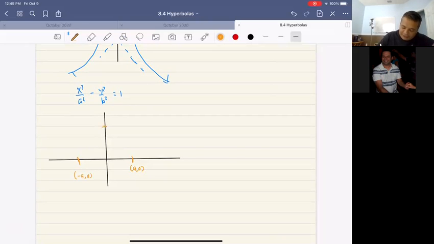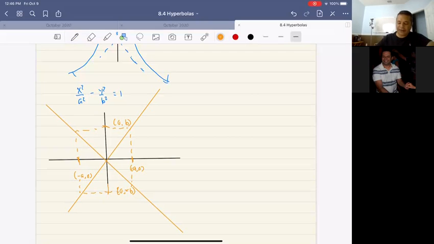And up here, it's going to be 0 comma b, 0 comma negative b. And we're just going to draw a rectangle. Then we're going to draw the diagonals on that rectangle, like so, and like so.